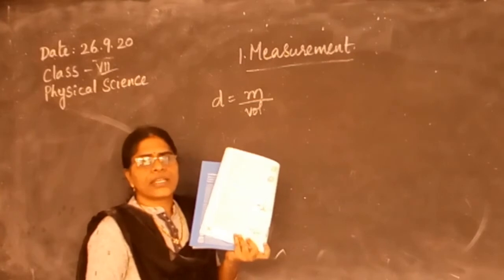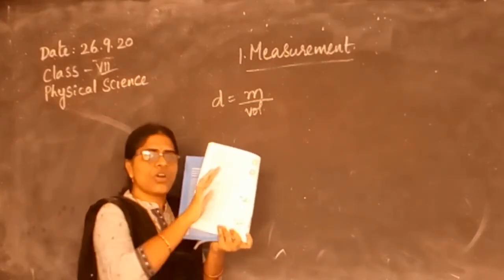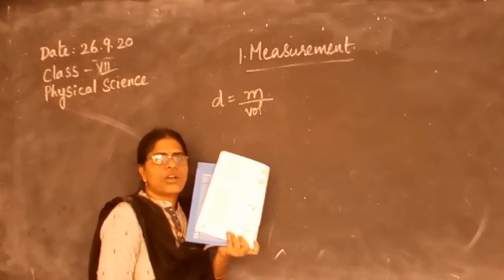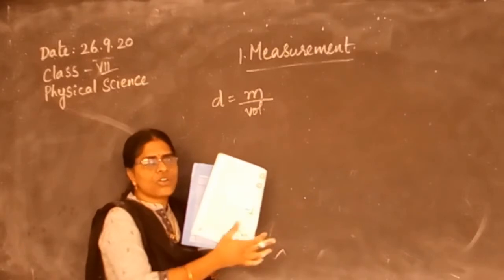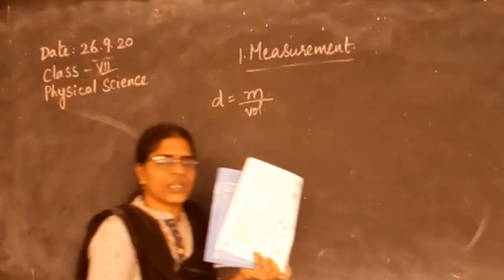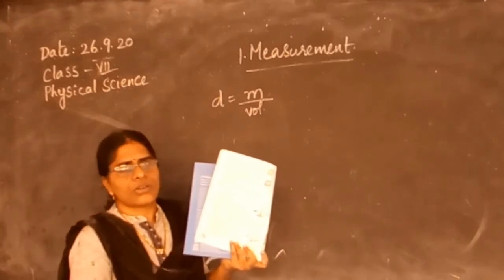Keep on adding the sand till the beam becomes horizontal. When can we say horizontal? If both the weights on the two pans are equal, can we say the beam becomes horizontal or not?